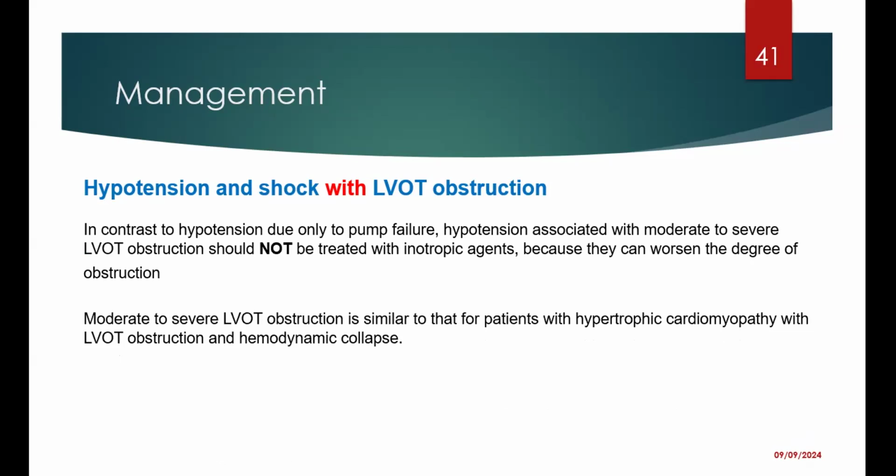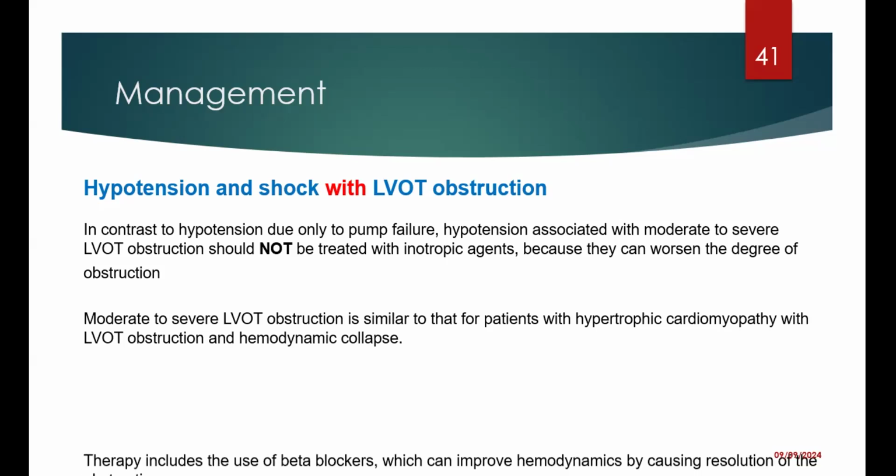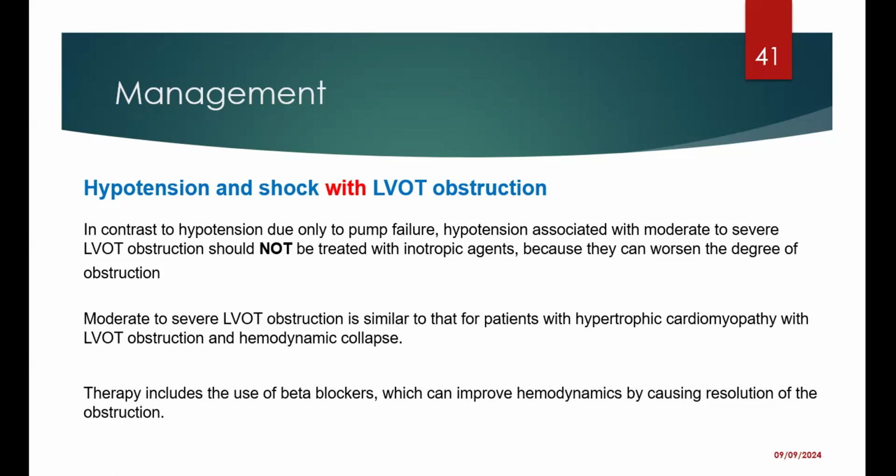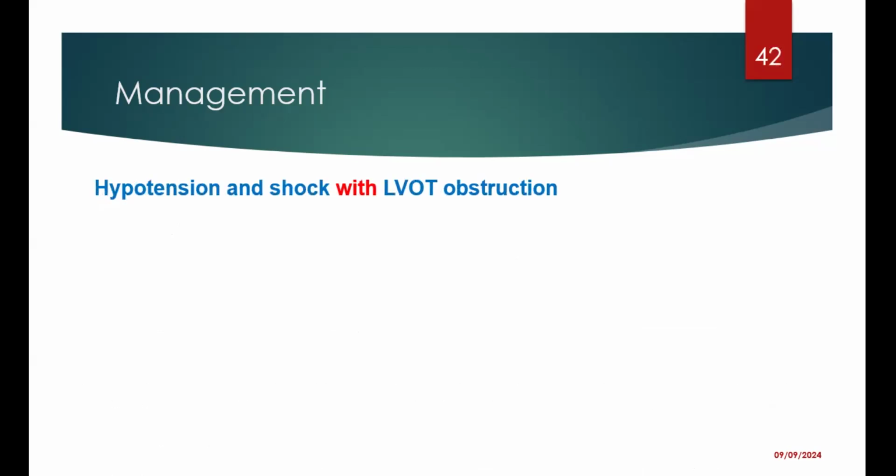And moderate to severe LVOT obstruction is similar to that for patients with hypertrophic cardiomyopathy, obstruction, and hemodynamic collapse. And therapy includes the use of beta blockers, which can improve the hemodynamics by causing resolution of the obstruction.